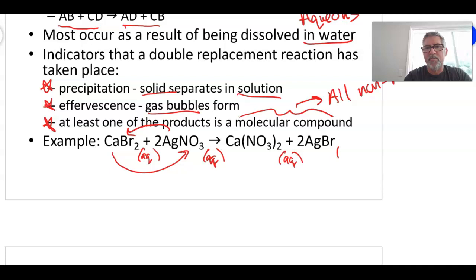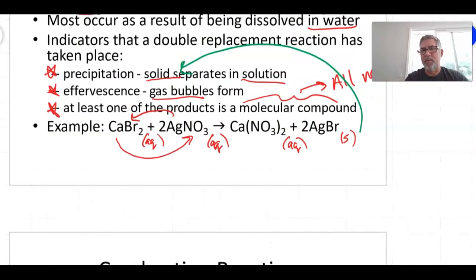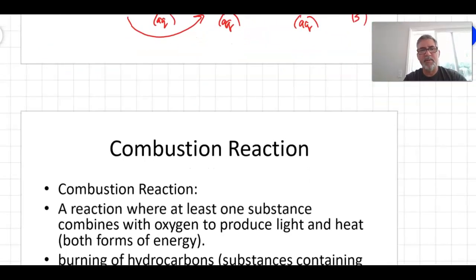But silver, when it combines with bromide, makes a solid. So I have two aqueous compounds, and I continue to have an aqueous compound, and then I have a solid. That solid is a precipitate. Because there's a solid, a reaction is taking place, so it's a double replacement reaction. If this silver bromide was still aqueous, it would be no reaction.